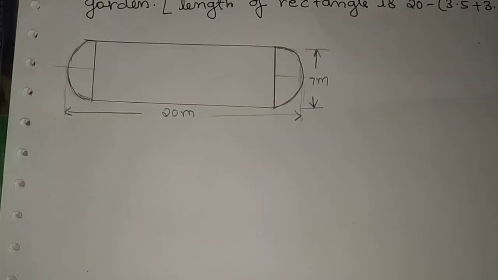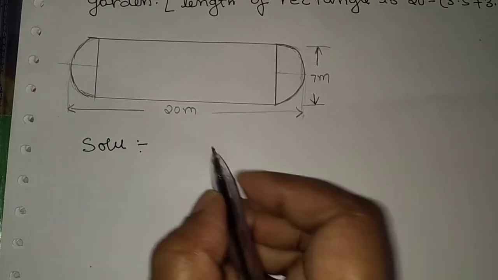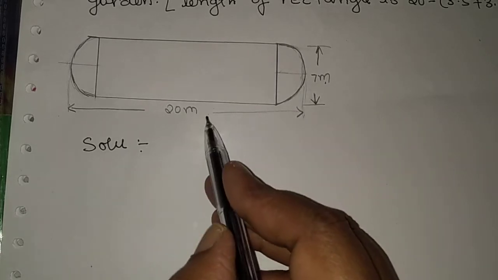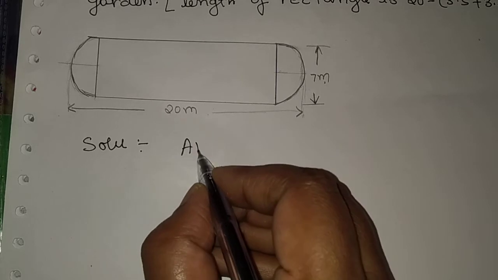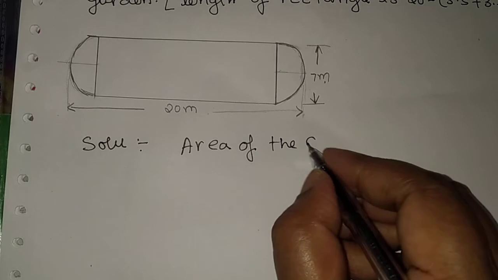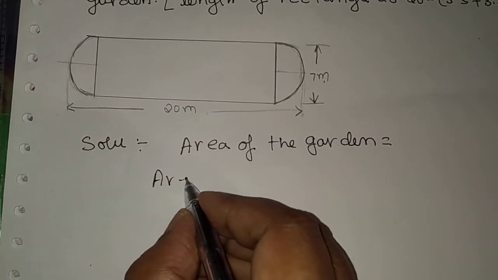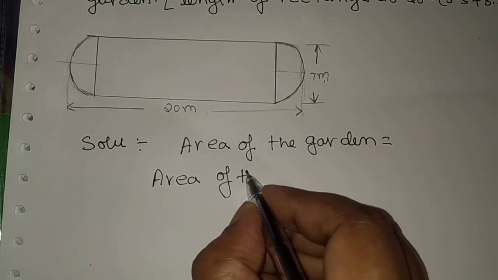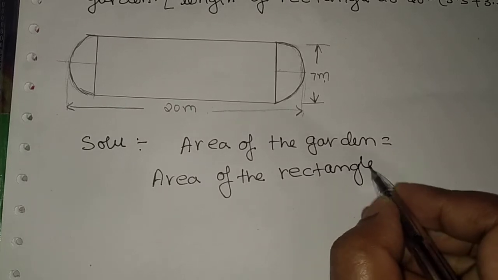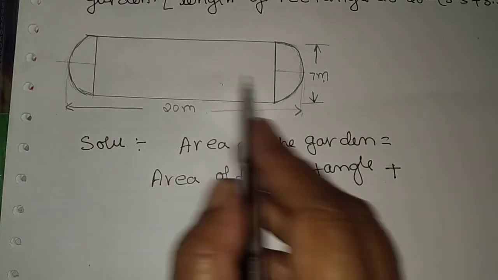First step, solution is equal to, two data are given. Here 7 meter, here 20 meters they are given. First step is area of the garden is equal to area of the rectangle plus area of this semicircle.